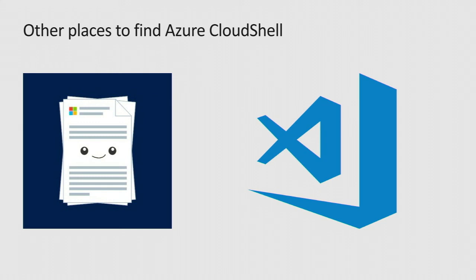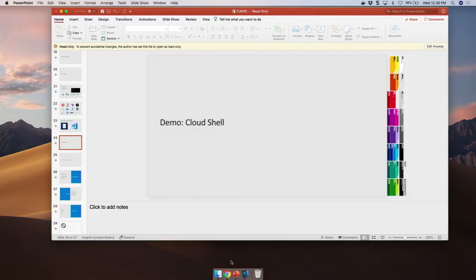So you've got a document with commands to run, you hit a button, it opens up Cloud Shell in the document, you can copy and paste the commands, and you're running these commands in your Azure subscription. So it's a slick integration. As well, we can pipe Cloud Shell directly through to Visual Studio Code so that I can take advantage of some of those pre-installed tools and whatnot. So that said, let's see a demo of Cloud Shell in action.